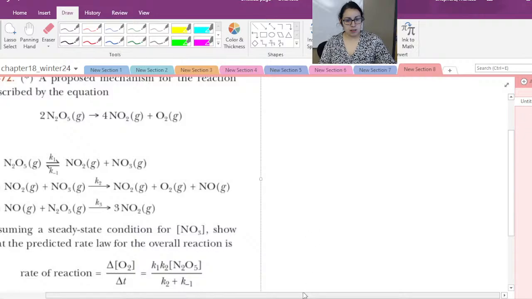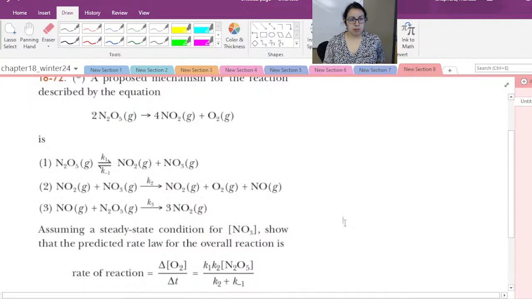And again, this is 1872 if you need a better look in your book. And so then it's saying assume a steady state condition. And again, see if you can figure that out. Otherwise, we can go over what that is telling us to do. And then see if you can prove this shown rate law here.